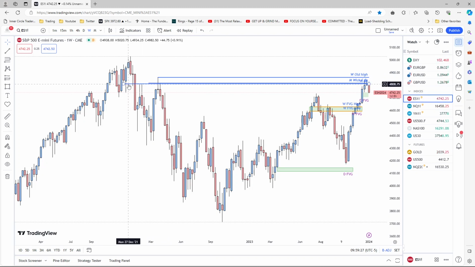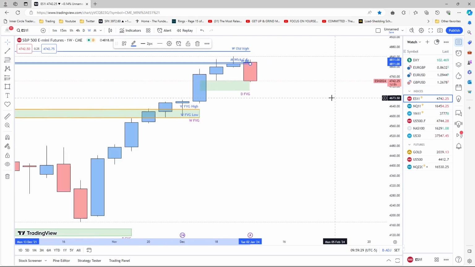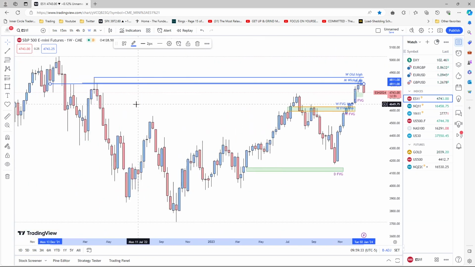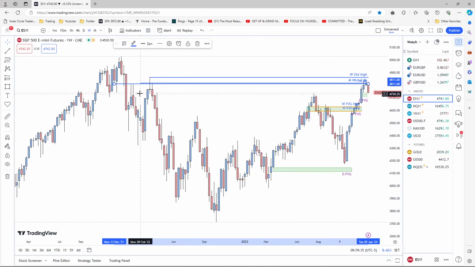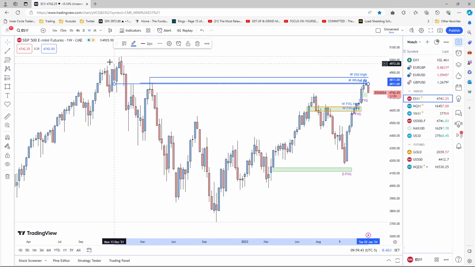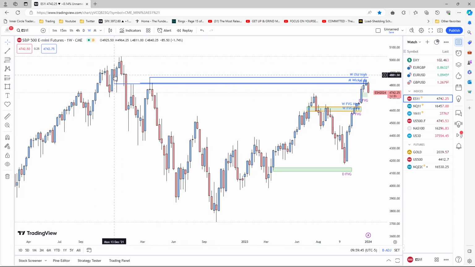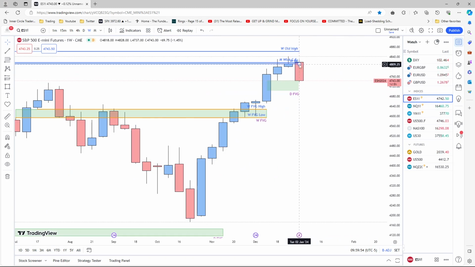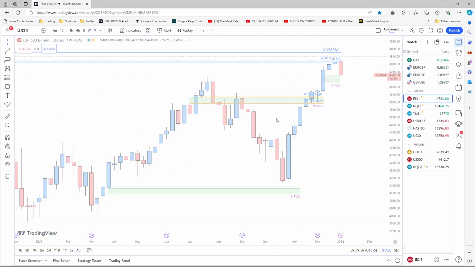What do we have over here? Monthly. What is this? Weekly breaker block. Yes. We had the high, low, higher high, down candle, extended through, breaker block. Monthly time.